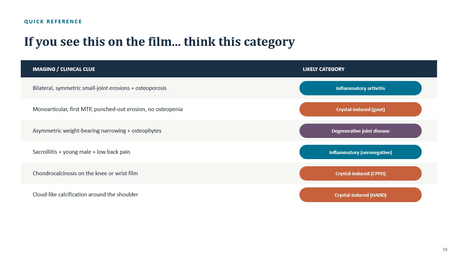A single painful first metatarsophalangeal joint, so we're talking about the big toe, with a punched out erosion and no osteopenia is most consistent with gout. Asymmetric narrowing at weight-bearing surfaces, especially combined with osteophytes and subchondral sclerosis, should point us to DJD, or degenerative joint disease.